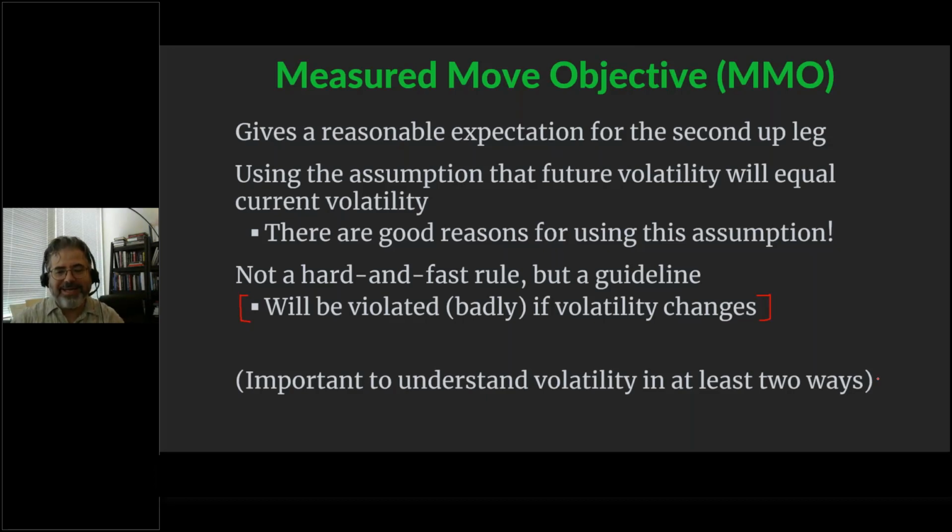It's correct. There's another kind of volatility, though, that really matters for traders, and I think about this as more directional volatility. This frankly is not something that academia is very well in tune with.